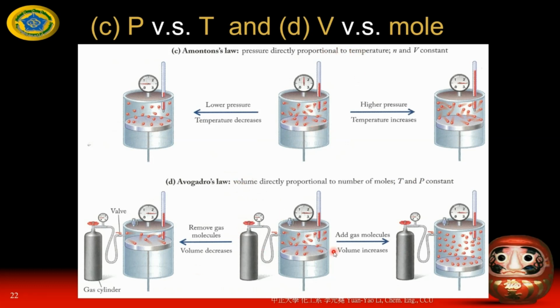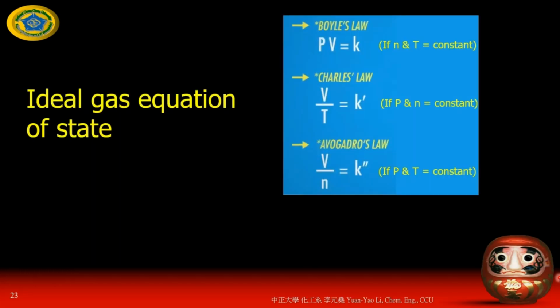Again, you realize something. If we put these laws together, Boyle's law says pressure and volume are inversely proportional, so P times V equals a constant, if n and T are constant. We call it K. Charles' law says that V divided by T is a constant, which we call K prime.